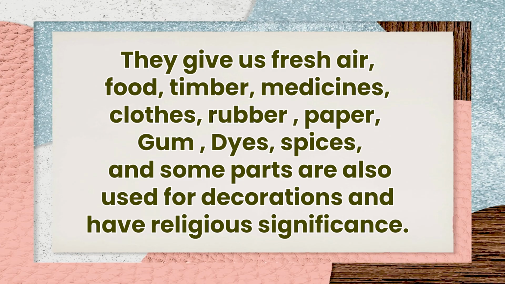You have learnt how plants are helpful to us in multiple ways. They give us fresh air, food, timber, medicines, clothes, rubber, paper, gum, dyes, spices, and some parts are also used for decoration and have religious significance.